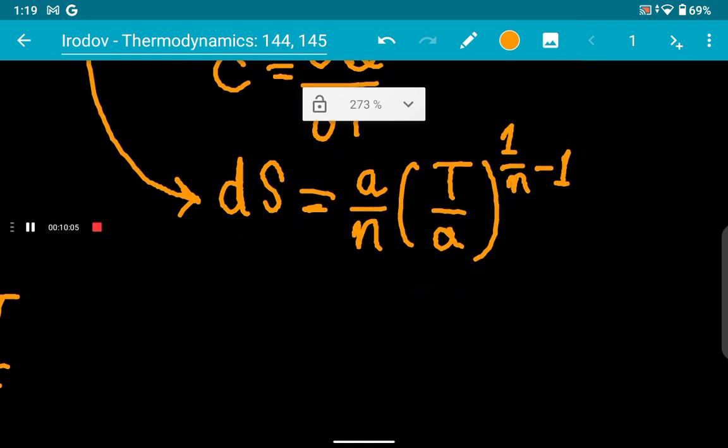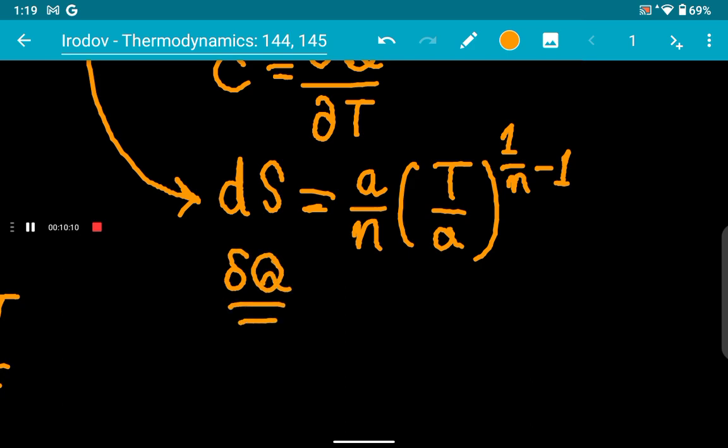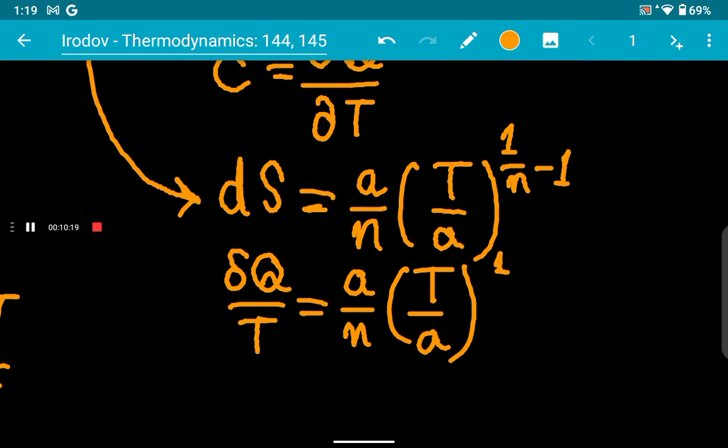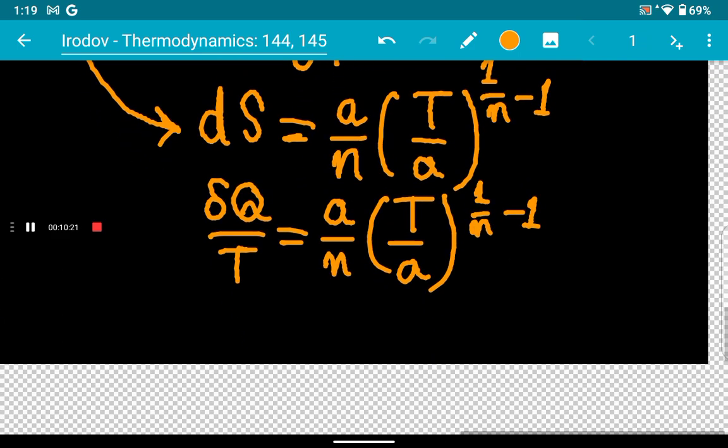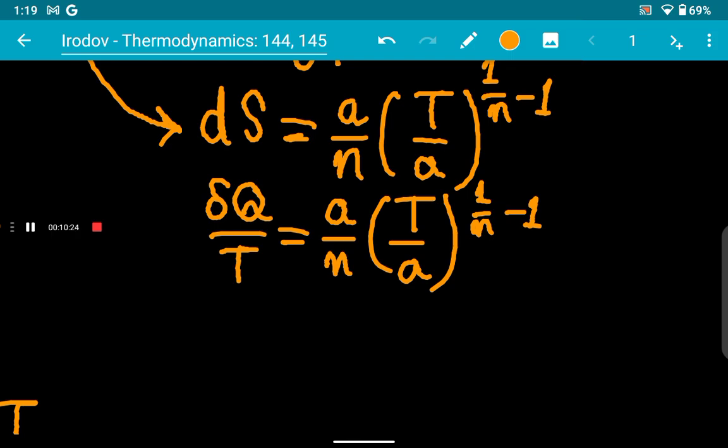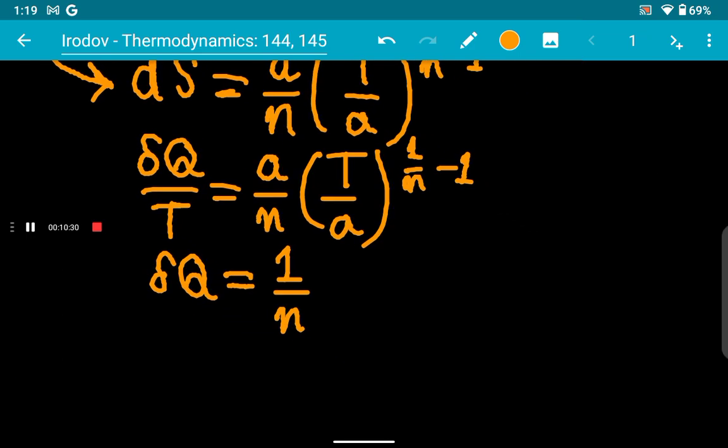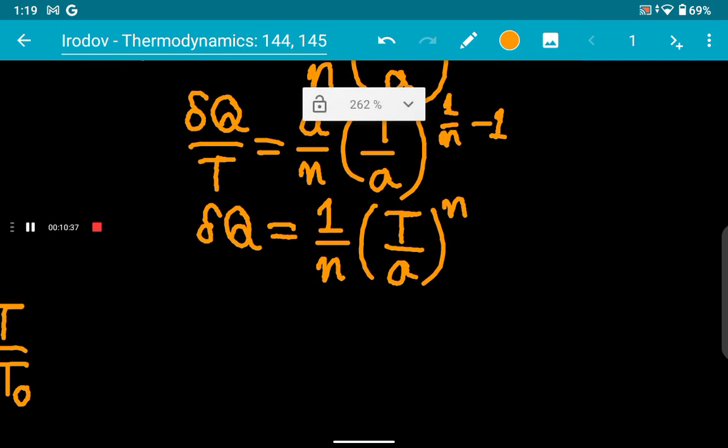Now write dS as del Q by T. Let's take the T to that side. So we get del Q, and this will be nothing but 1 by n into T by A to the power n. A nice expression.